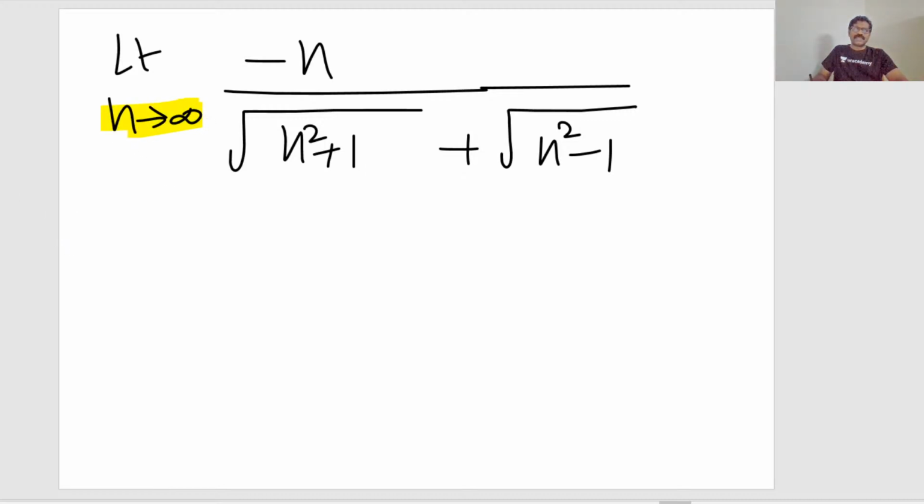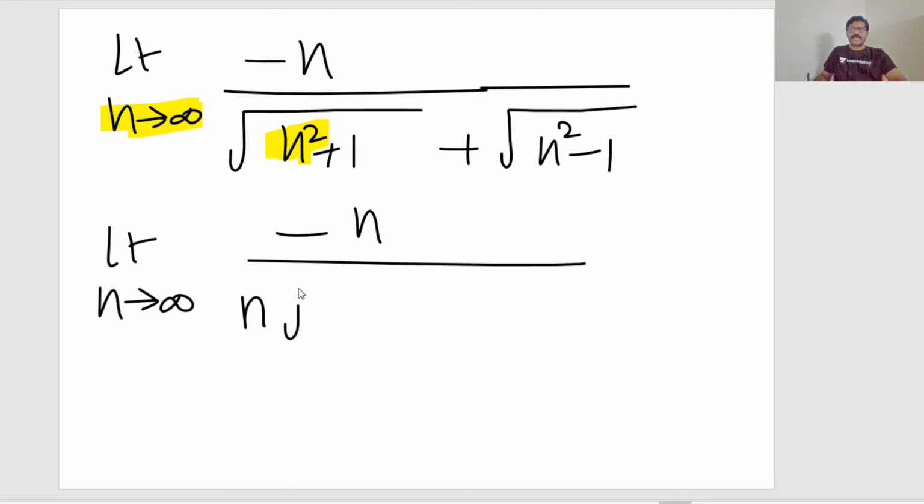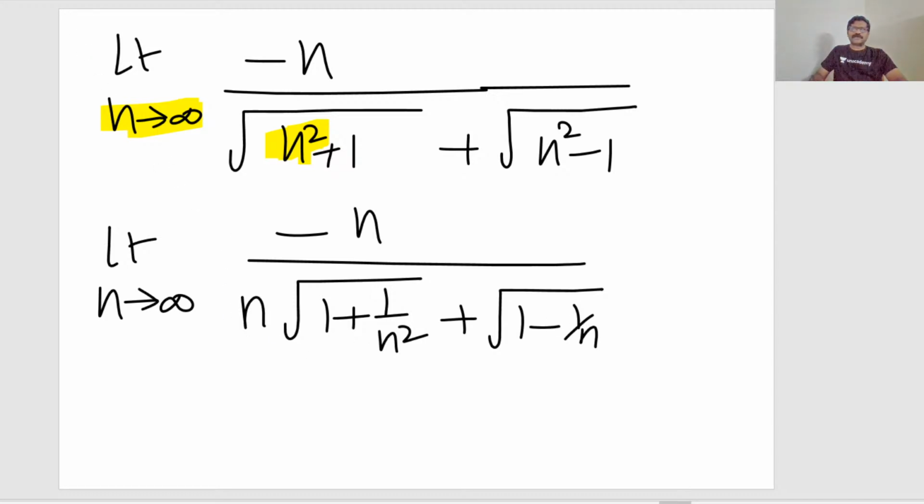That's why take n common in the denominator. If you take n square common within the square root, outside it will become n. Limit n tends to infinite, minus n by n of (square root of 1 plus 1 by n square plus square root of 1 minus 1 by n square). I have taken n common.